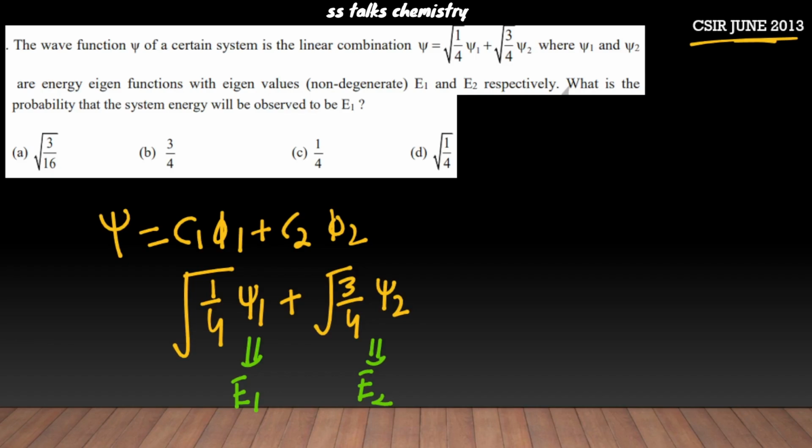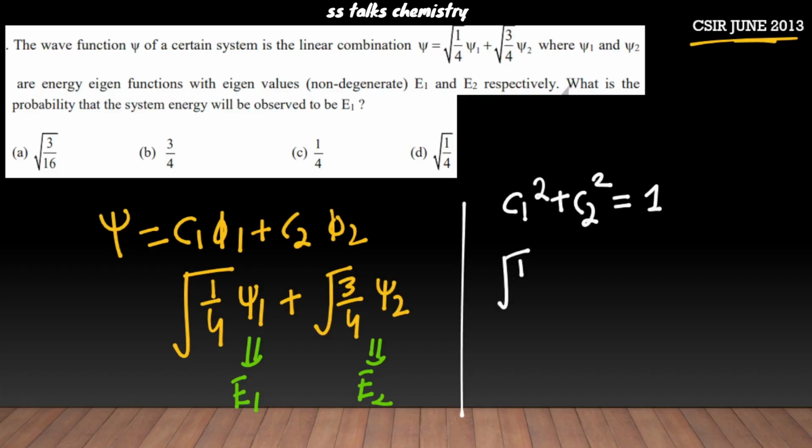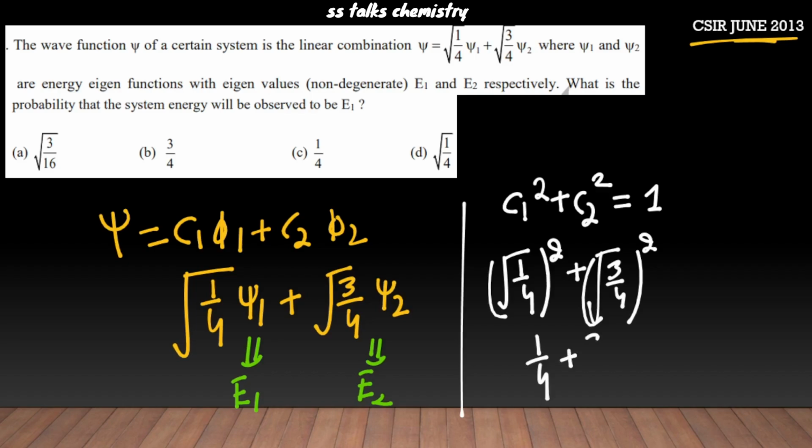What is the probability that the energy observed will be equal to E1 in this? Okay, so here firstly let us check whether the given wave function is normalized or not. For that, C1 square plus C2 square should come out to be unity. So C1 square is 1 by 4, plus C2 square is 3 by 4, which is equal to unity.